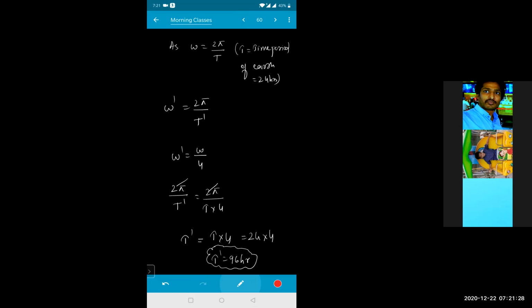So that is the way we calculate the angular momentum. I hope you got a rough idea. Let us try to take one more question, a faster way.